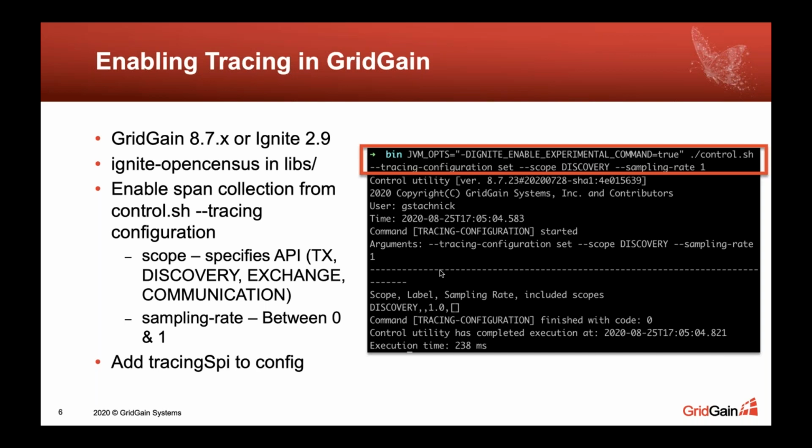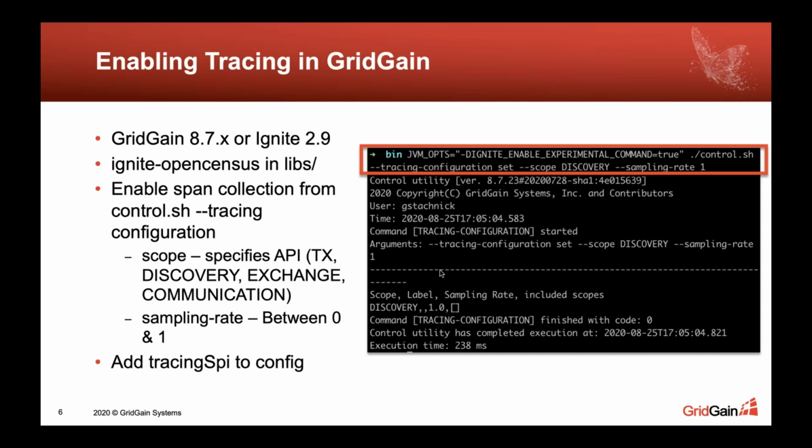So there's a few configuration steps that are needed once you have one of those supported versions. One, you need to ensure that your Ignite OpenCensus library is on the class path. Depending on the version of the runtime, it may be shipped in the optional libs directory, in which case you would want to just move it into the libs folder.